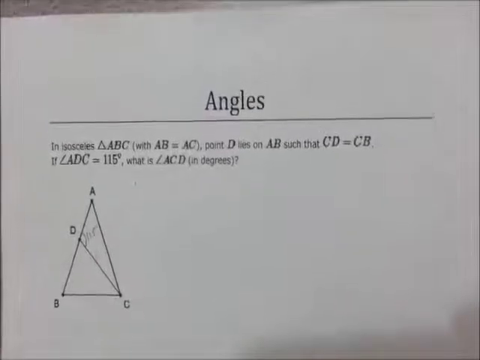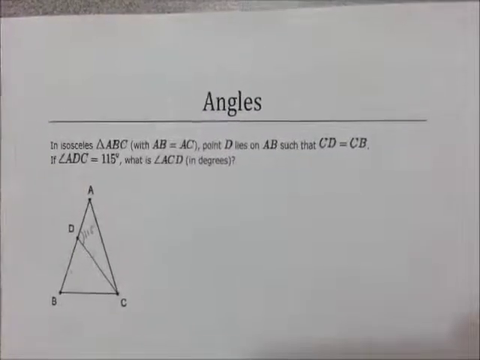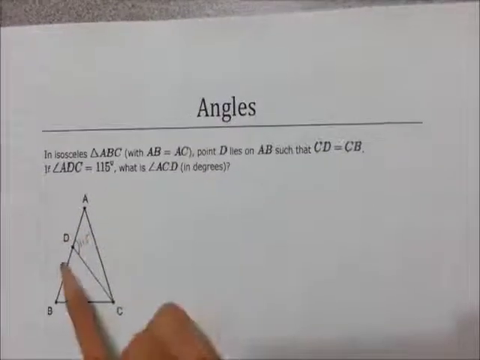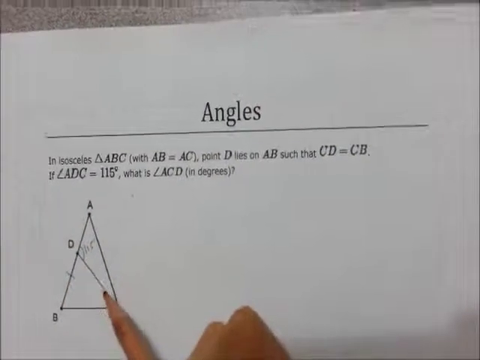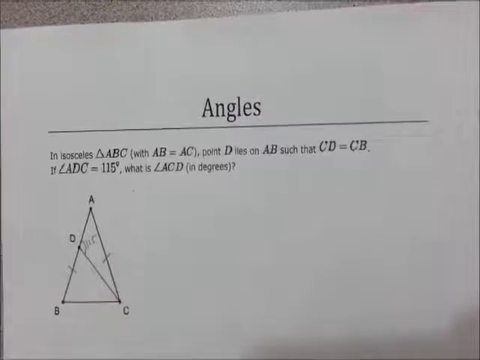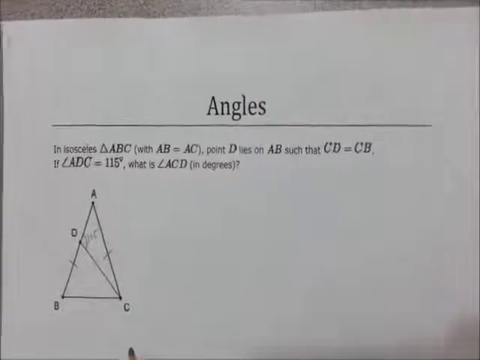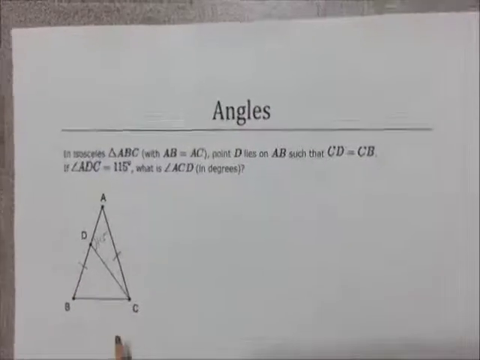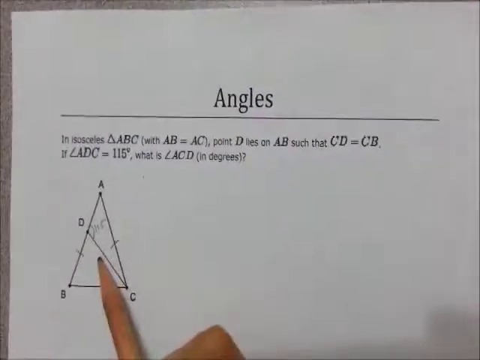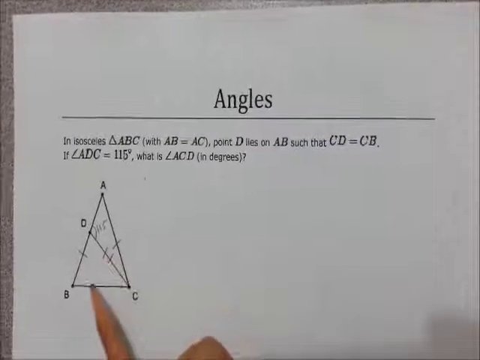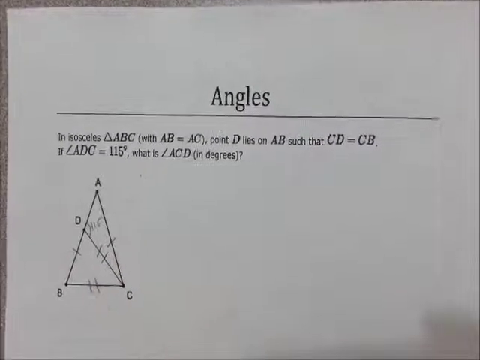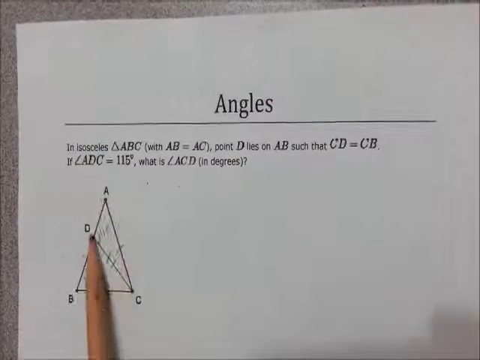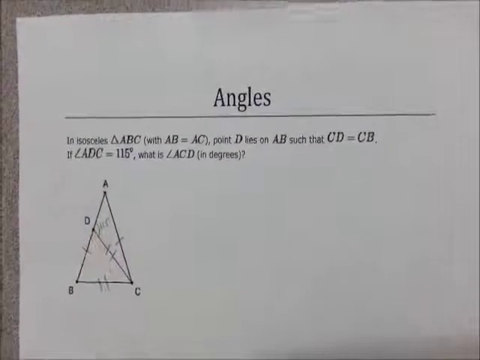So we fill in what we already know, which is AB is equal to AC, so we mark that. And we also know that CD is equal to CB. And we know that ADC is 115.